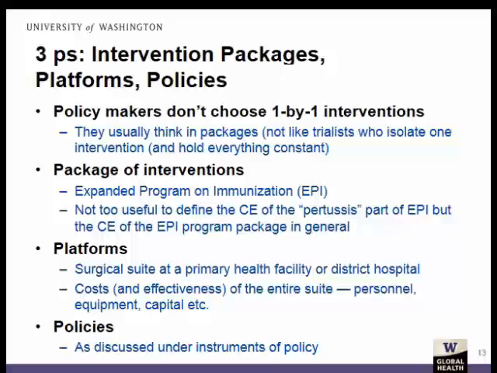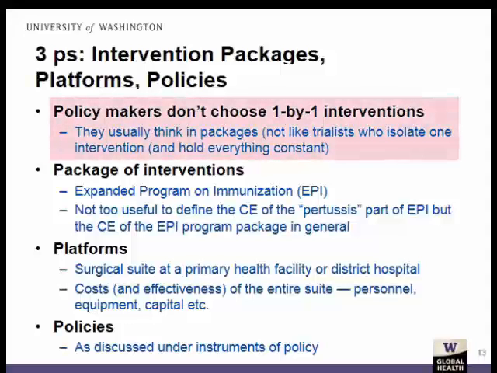The other way to look at health interventions is what we call 3 Ps. And these 3 Ps are packages, platforms, and policies. So we already looked at policies. The policy part really is the same as what we called instruments of policy in the previous slides. But policymakers don't choose interventions one by one.